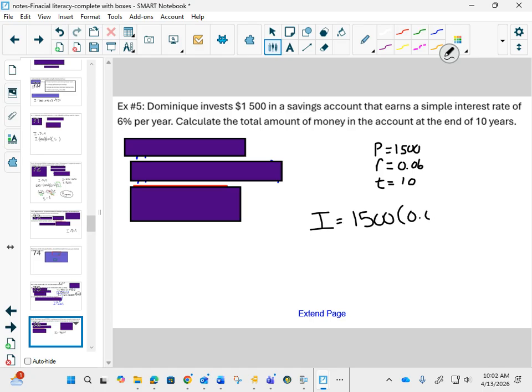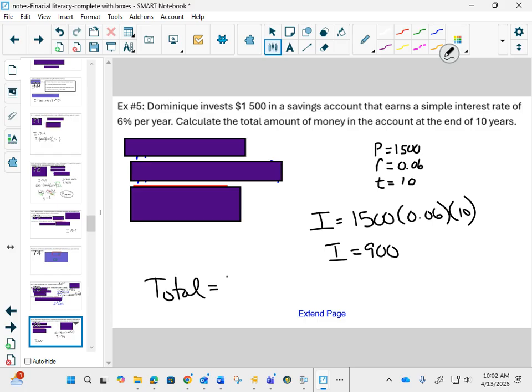Did you figure out the interest first? That's what I would do. Figure out your interest first. Do 1,500 times 0.06 times 10, and you get 900. How'd you do? Okay. Now what's the total?